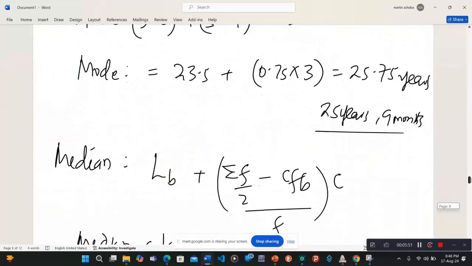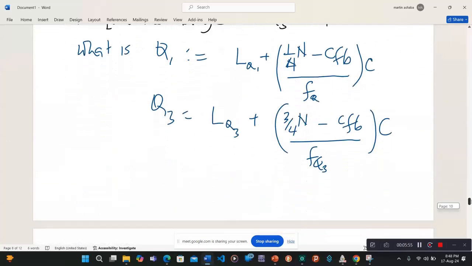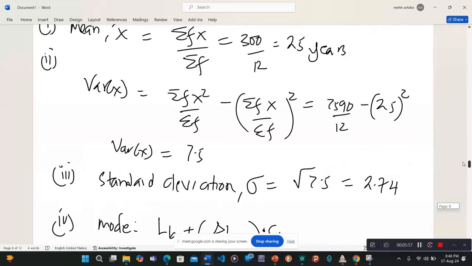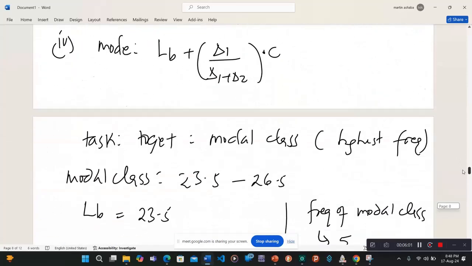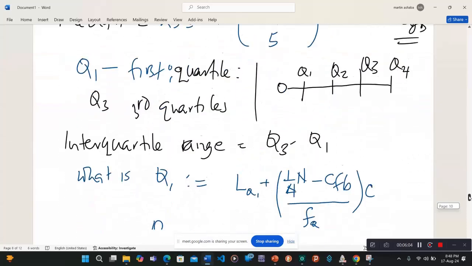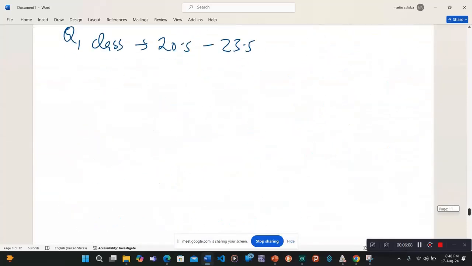The cumulative frequency before is actually 1.